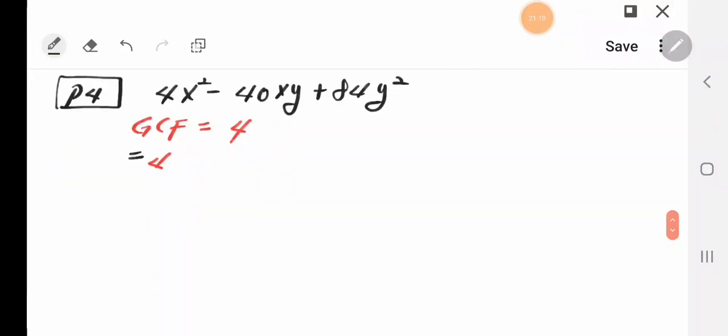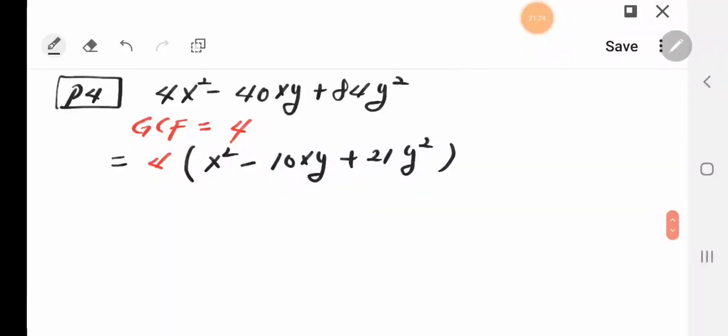So this is equal to 4 times x squared minus 40 is 4 times 10, and 84 is 4 times 21, y squared. From this trinomial, let's find the match. So x squared is x times x, y squared is y times y, and 21 is 3 times 7.